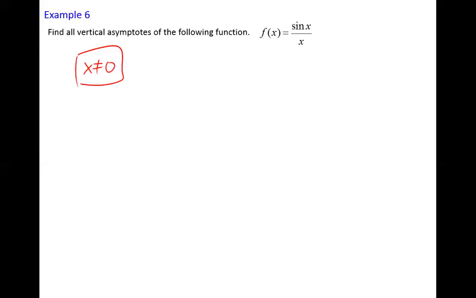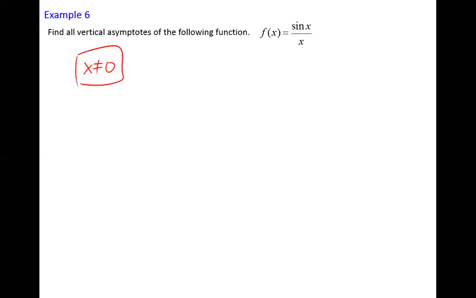And thinking about simplifying, of course I can't simplify this function because sine of x over x, I can't really simplify. What kind of conclusion can you probably make? You can probably make the conclusion that this is a vertical asymptote. That's the 0 from the denominator, and I can't simplify.